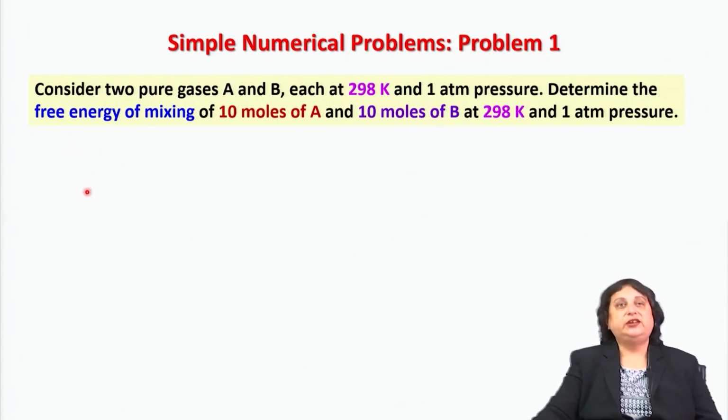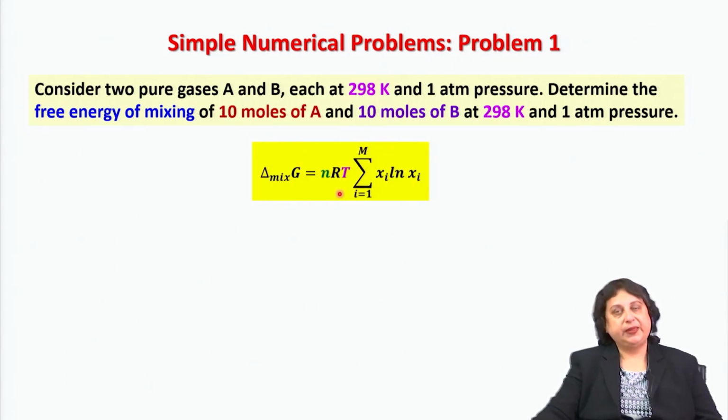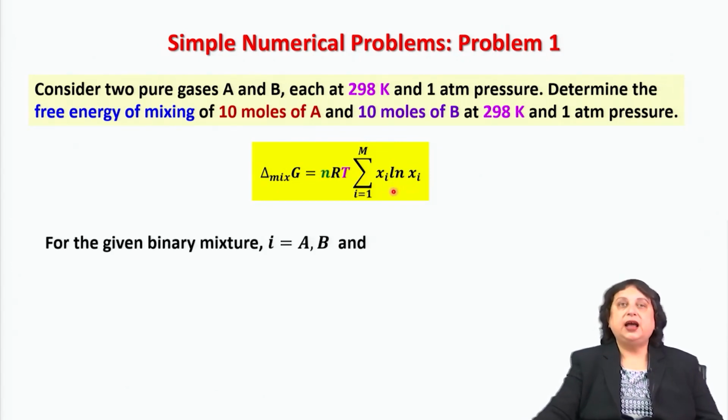The way I will solve it is obviously I will use this working formula. And as you understand, while using this working formula, I need to know what n is, what T is, and what the xi's are. I understand that I am working with a binary mixture.